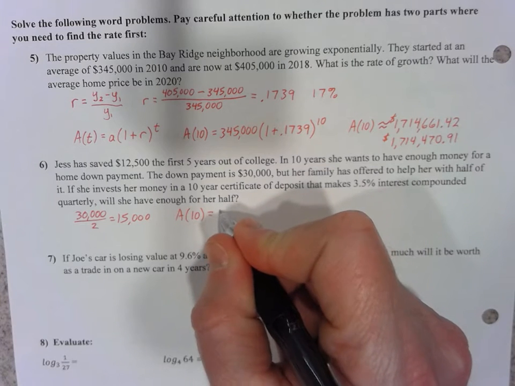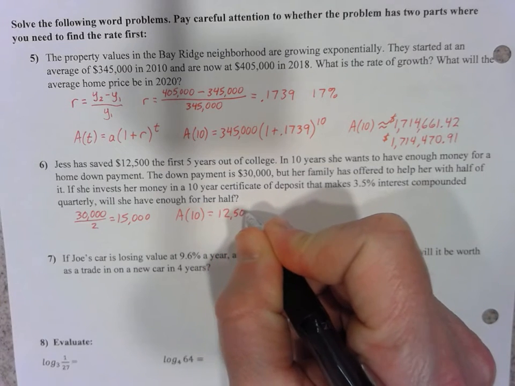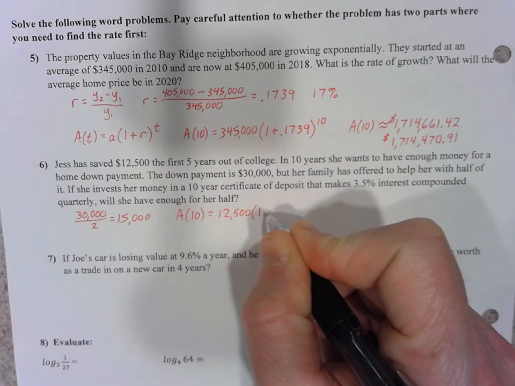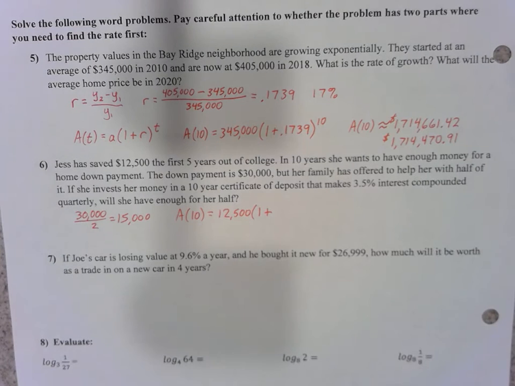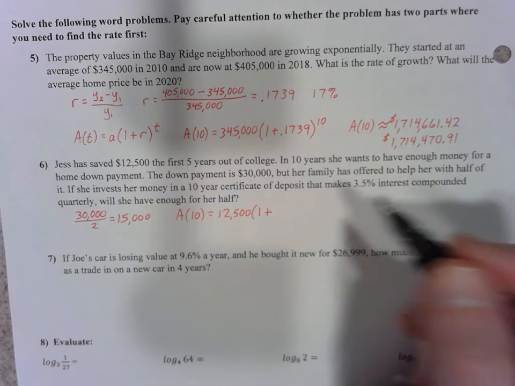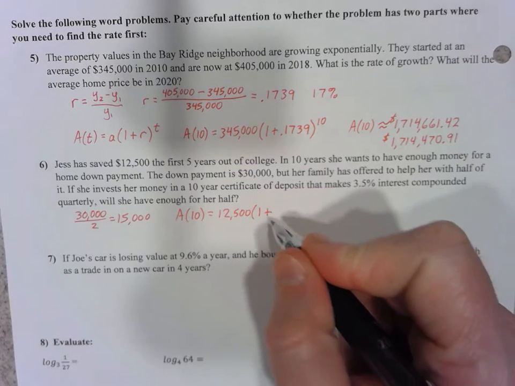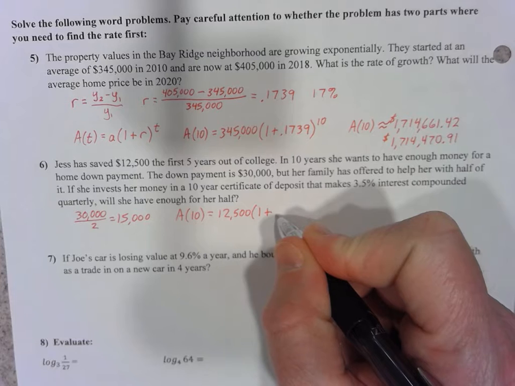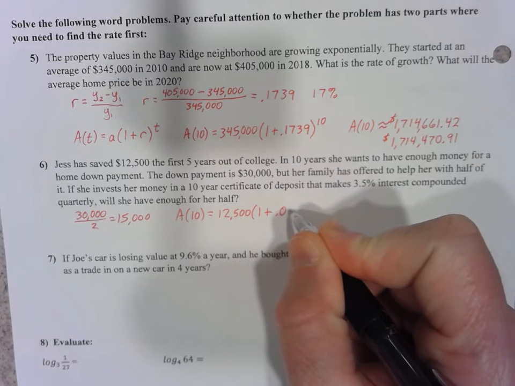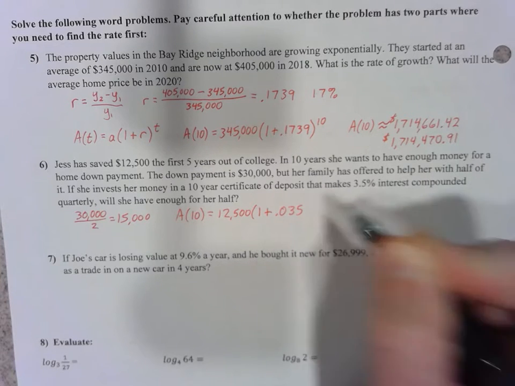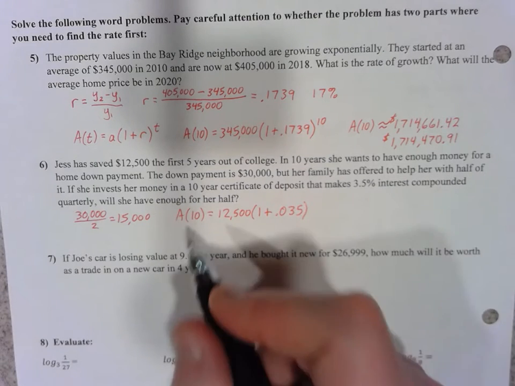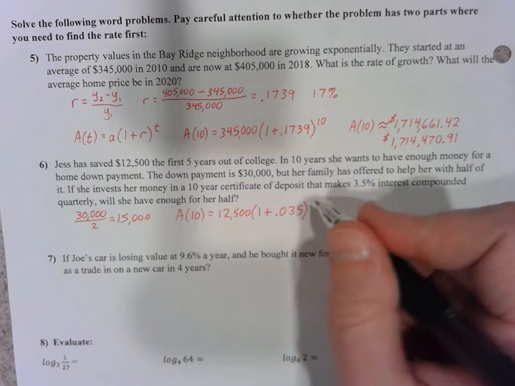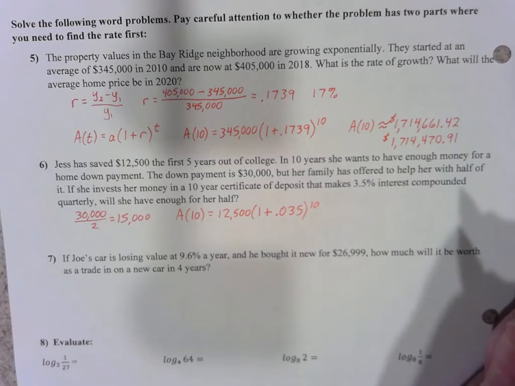So we're going to start with $12,500, and the rate of increase is 3.5% interest. So we're going to change that into decimal form, and this is a 10-year certificate, so to the 10th power.